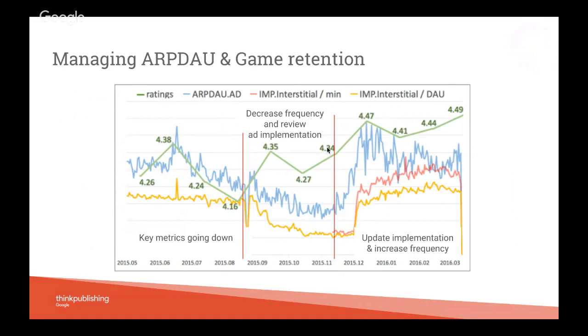And once their rating had gone back and even higher than the level before, the developers again adjusted the frequency and impression of the interstitial, bringing the revenue, represented by the blue line, to an even higher level than before. So what does this mean?